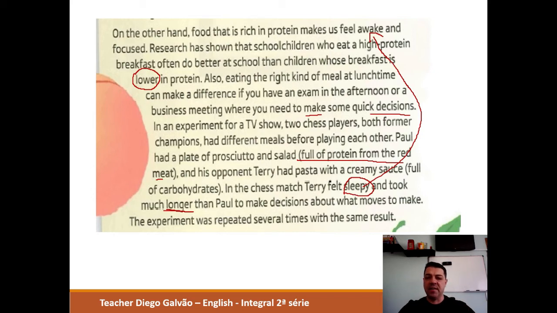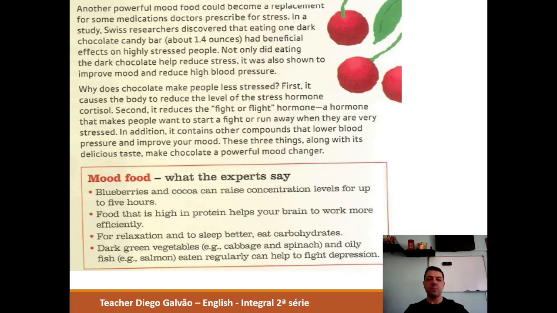And the final part of the text we have here. Another powerful mood food could become a replacement for some medications doctors prescribe for stress. In a study, Swiss researchers discovered that eating one dark chocolate candy bar had beneficial effects on highly stressed people. Not only did eating the dark chocolate help reduce stress, it was also shown to improve mood and reduce high blood pressure.